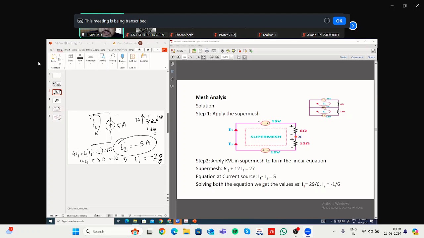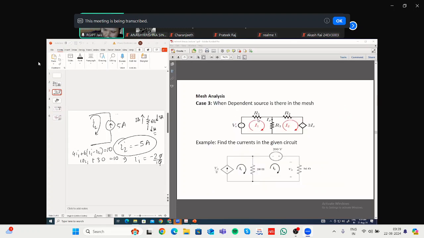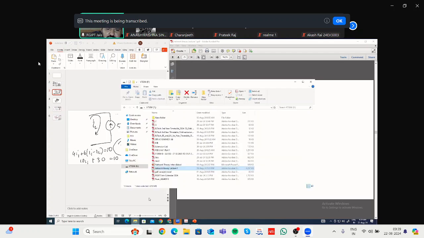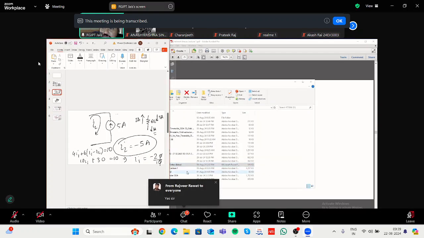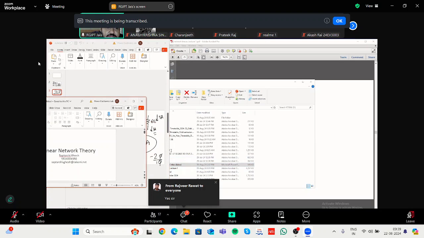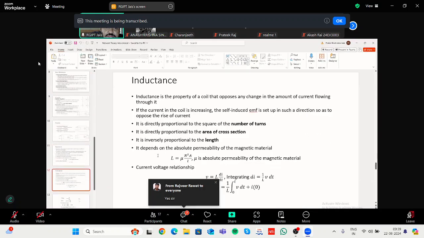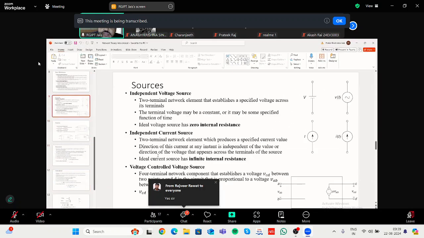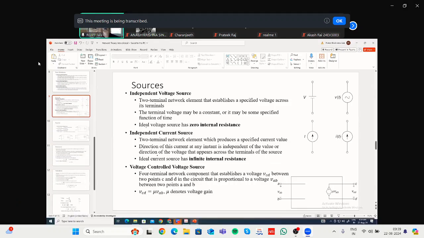Okay. So if you remember this, let me just open the notes, then it will be easier for you to remember it. So what is written here? Ideal voltage source has zero internal resistance.